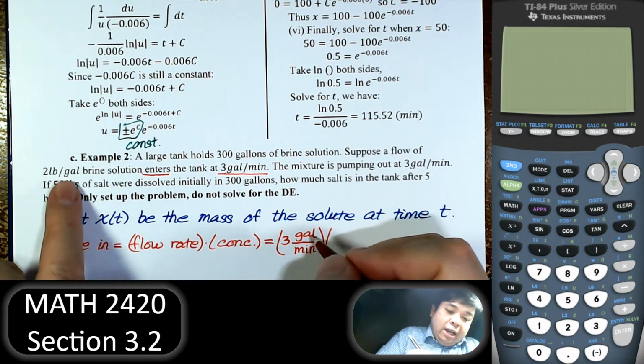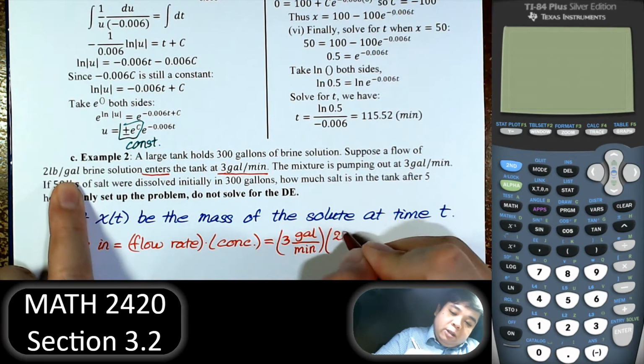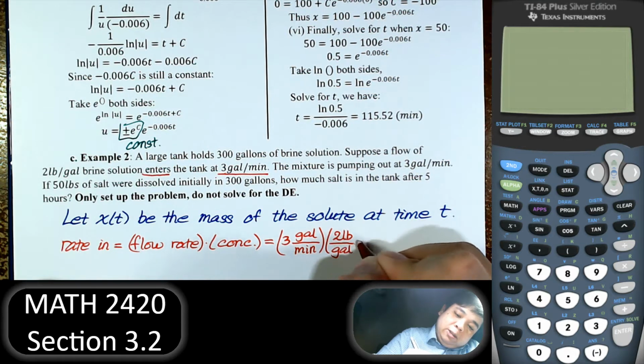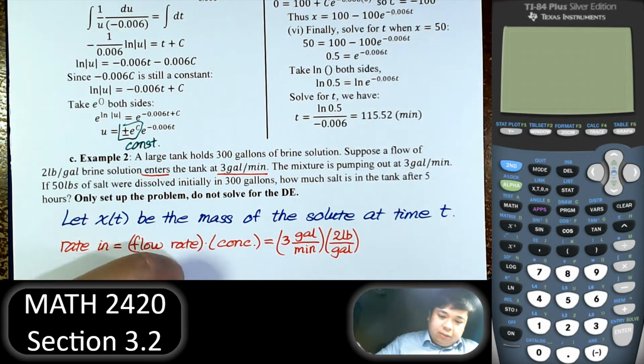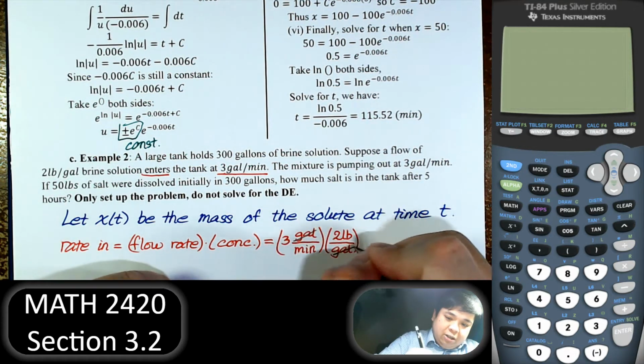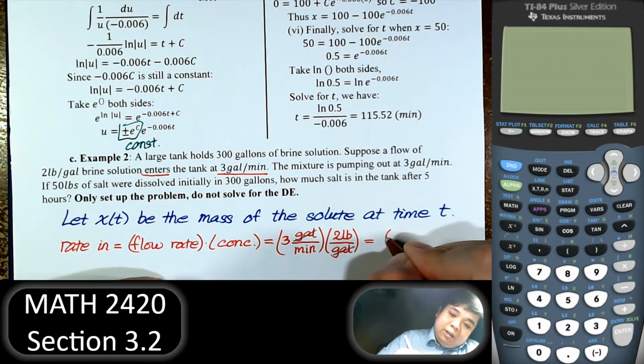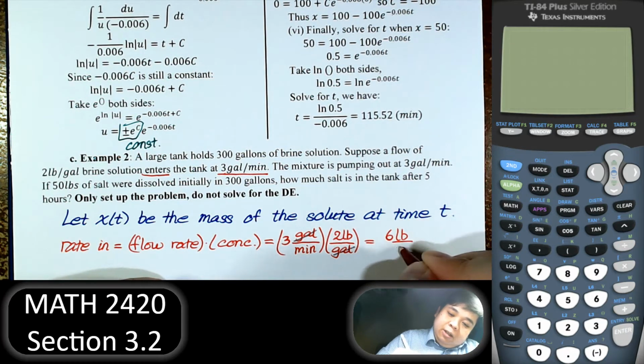And at the concentration of 2 pounds per gallon, cancel out the gallon. We have 6 pounds per minute.